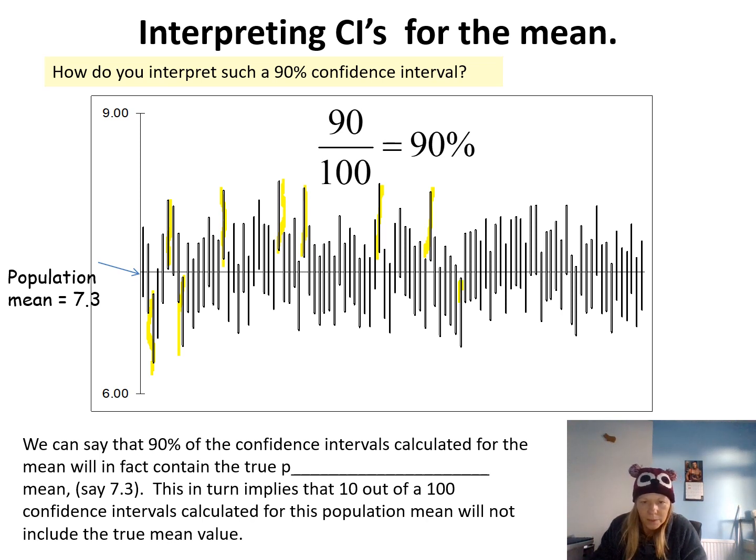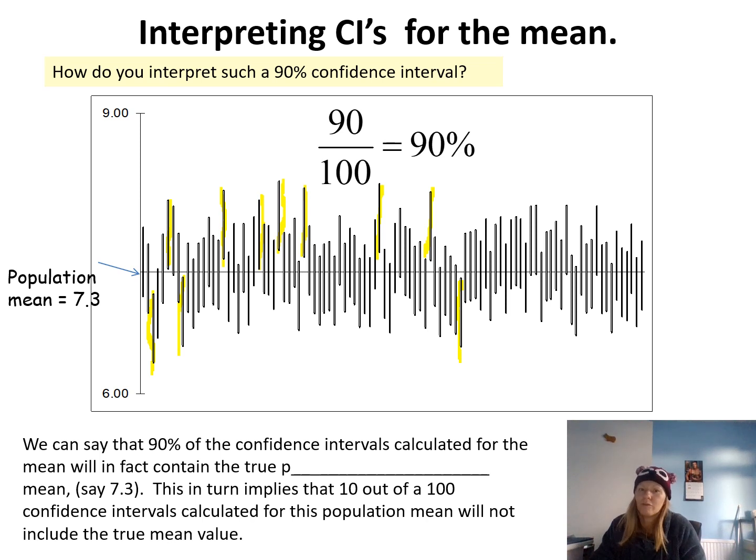Yep, 9. And there's got to be one more. Where is it? Oh, there it is. 10. Right, so we see here 10 out of those 100 didn't in fact include the population mean.